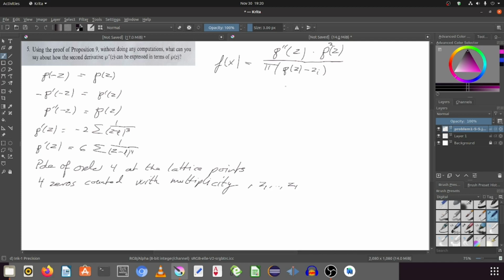I need to look at the proof again. So in the proof it says that Bj is a list of the non-zero poles in the fundamental domain.